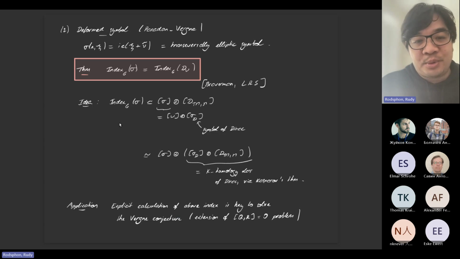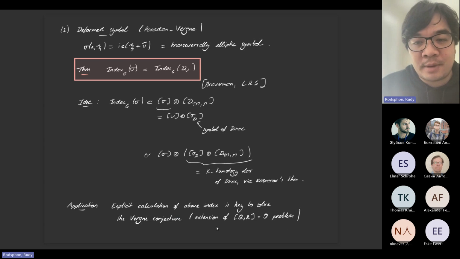What I had shown recently was that you can compute the index of this operator using KK theory. It's work of Paradan and Vergne, and they did that to solve an old conjecture of Vergne, called quantization commutes with reduction, but for non-compact manifolds.